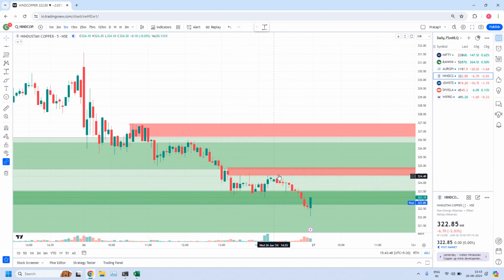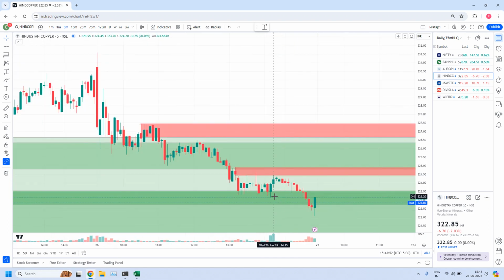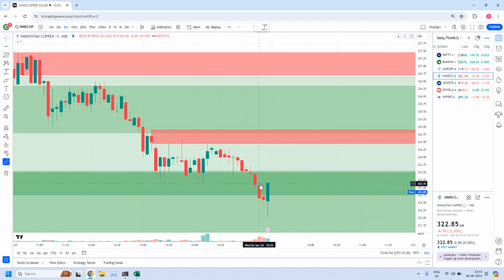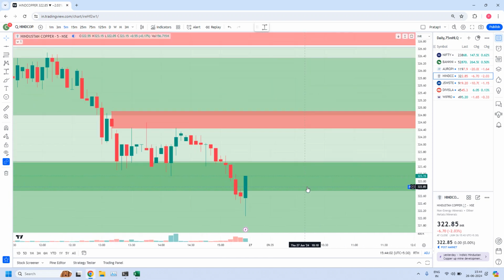Still you would have got a minimal profit. But finally what happened today? In the almost closing hour, at 3:15, this fine-tuned zone is violated. But I am sure one of these candles you would have exited.